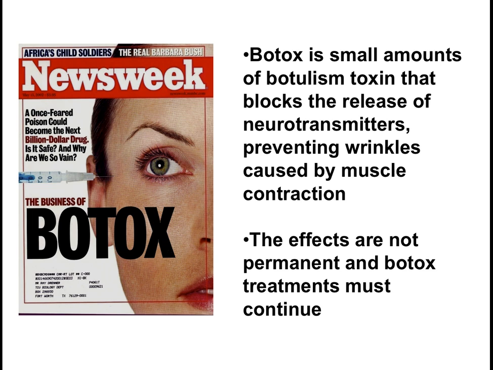When Botox is injected into those little lines, we sometimes call them crow's feet or other wrinkles in that area. The reason they're wrinkled is because muscles just under the skin are contracting and pulling the skin with them into a wrinkle. And so if you can paralyze those muscles, they will stay slack, and the wrinkle will disappear.